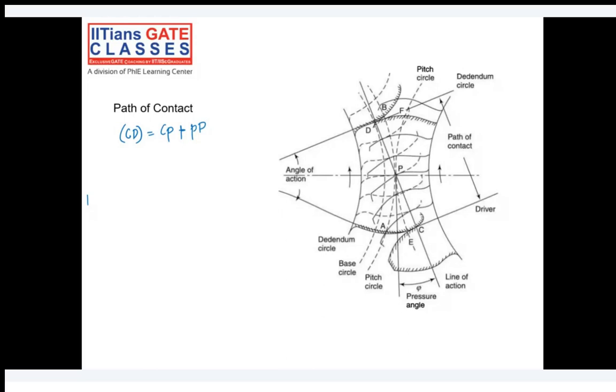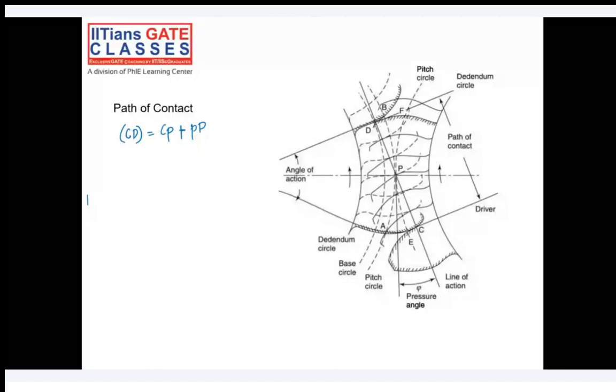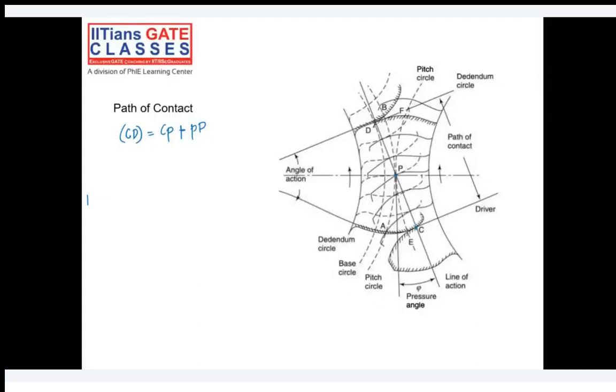I'll not go into the derivation part here, like how exactly the formula is calculated. You can go through the reference book if you are interested. You are just calculating these distances. You already know the angle of action. You know the angle of approach and angle of recess.